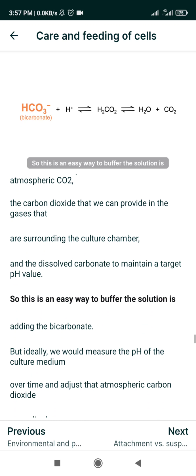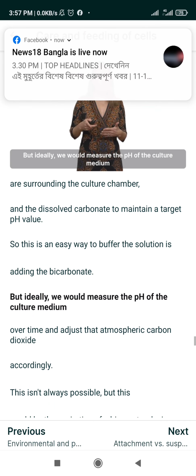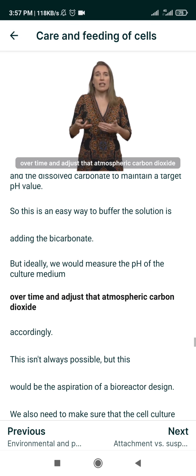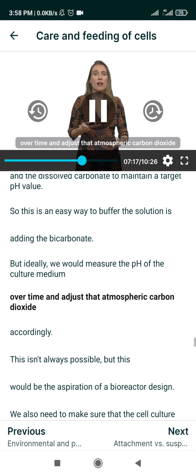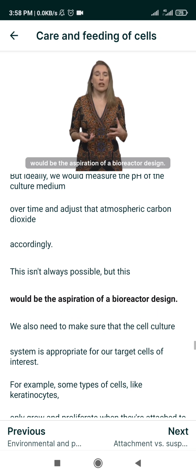So this is an easy way to buffer the solution, adding the bicarbonate. But ideally, we would measure the pH of the culture medium over time and adjust that atmospheric carbon dioxide accordingly. This isn't always possible, but this would be the aspiration of a bioreactor design.